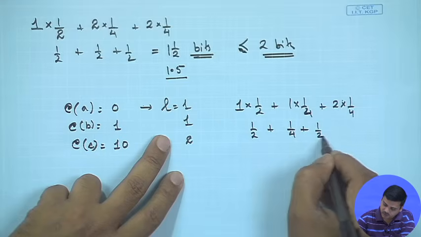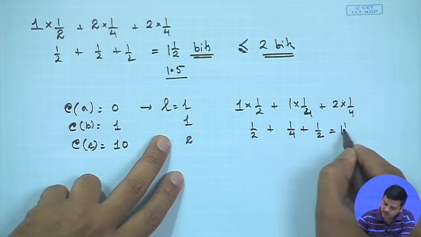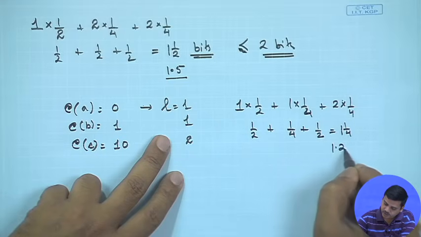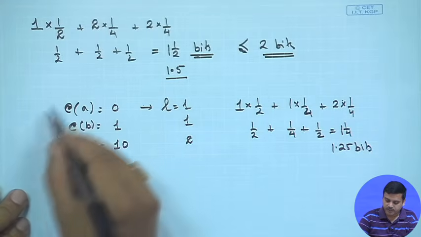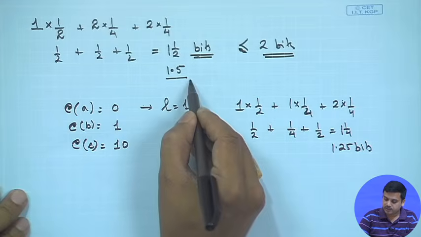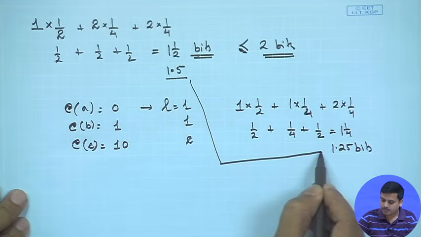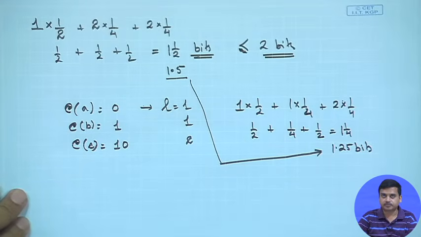So, that means 1 and 1/4 or 1.25 bits. So, this particular method of encoding reduces the average from 1.5 bits.